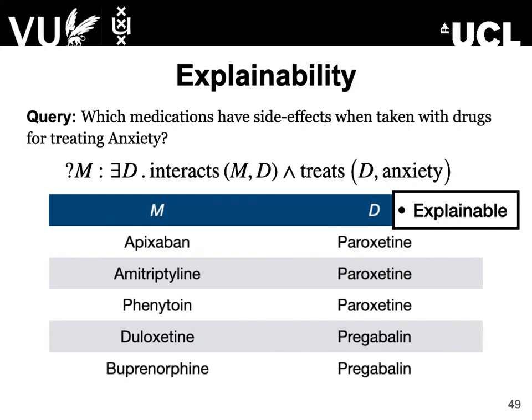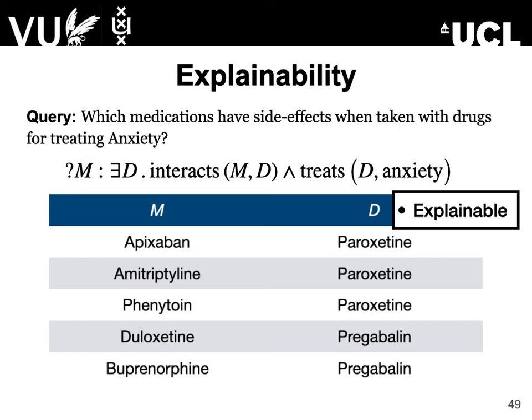Our model can also be used to provide the intermediate results associated with each query in the form of the variable assignments used to produce the answer. For example, here we can see that apixaban and amitriptyline were considered as answers because, according to the model, they interact with paroxetine. While duloxetine was considered as an answer because, according to the model, it interacts with pregabalin.